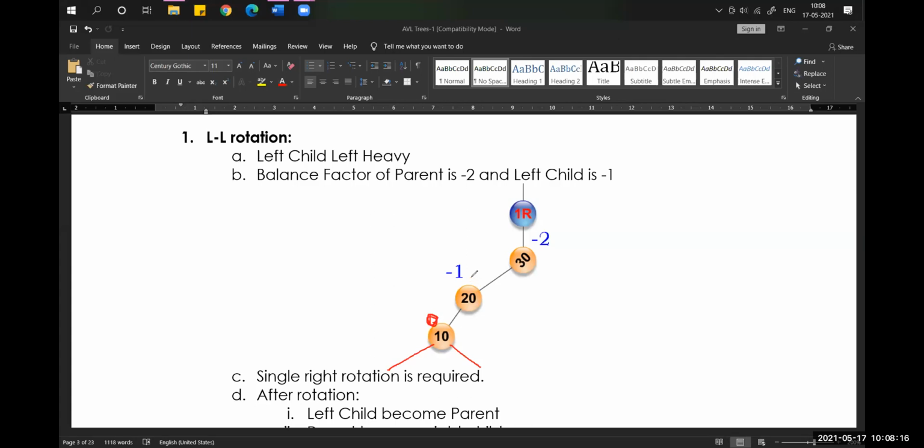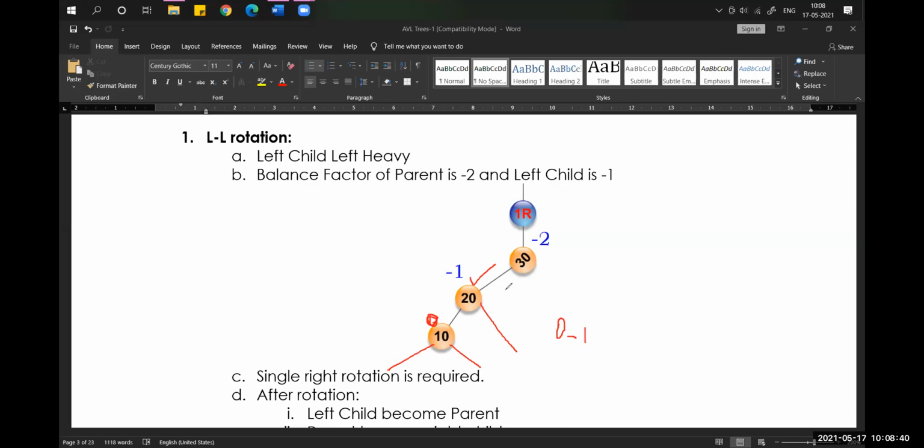Now when we come to finding the height of node 20, there is no right child, so it is 0 for the right subtree, and on the left subtree only one node is there, so 0 minus 1.